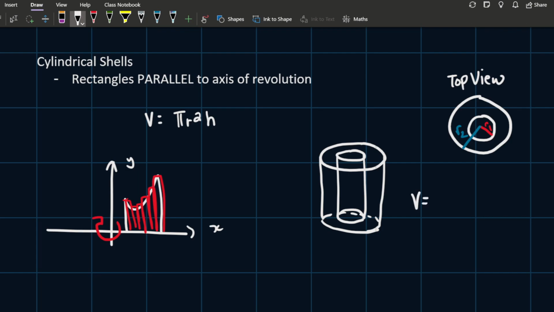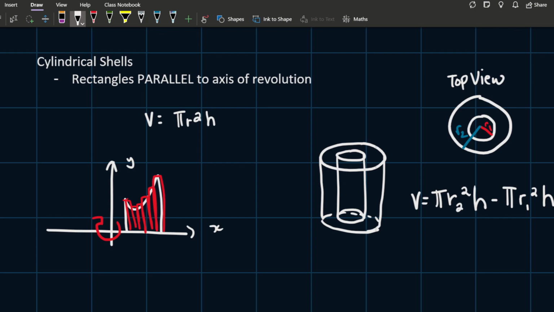So that would give us V equals pi R2 squared. This is the radius of the outer cylinder. Yung height niya, notice na parehas naman sila ng height. So I will just write this as h. Tapos, we subtract the volume of the smaller or the inner cylinder. They have the same height.